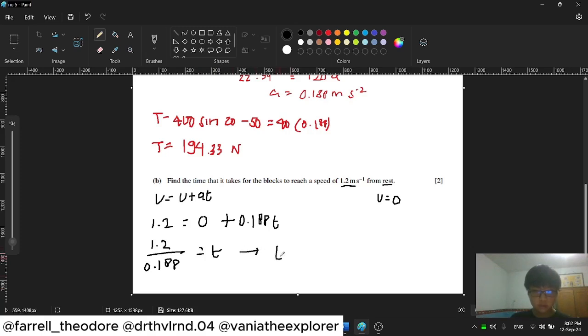And this becomes t is equal to 6.383, which is 6.3 seconds. Number 5 is done.